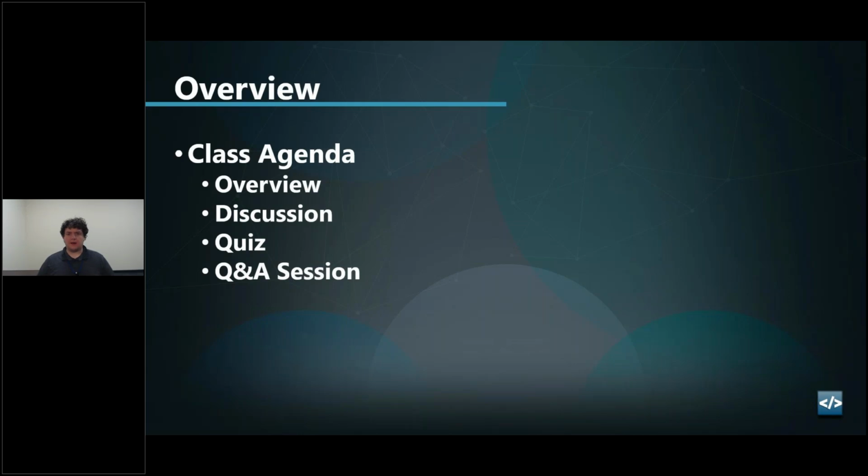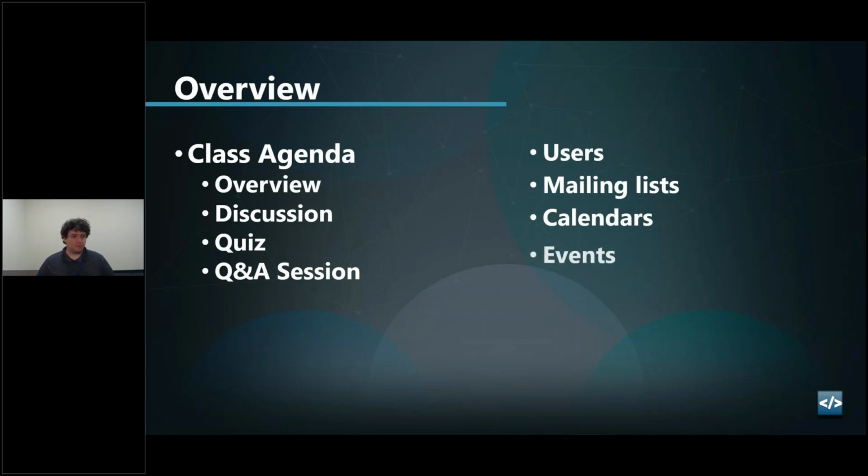Okay, so what are we going to be talking about today? We're going to start off our conversation about users, setting up users, different permissions, and things like that. We'll talk about mailing lists and communications, so things like sending emails, text messages, things like that. Then we're going to get into calendars. We'll also be talking about the church directory portion of Church360, and also calendars and events.